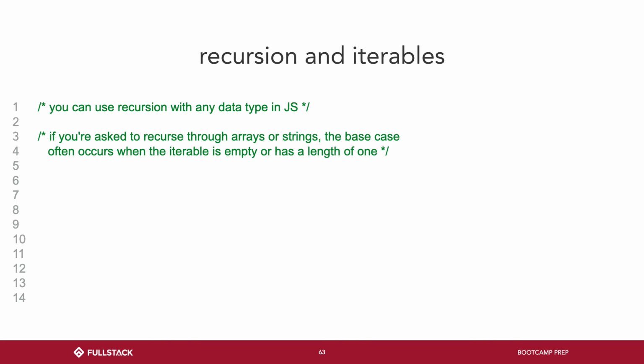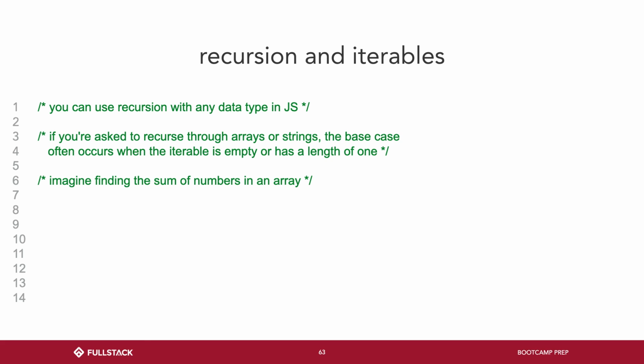Because when you call the recursive function, you have to change the input. What if it was the input with everything sliced off except the last thing? So the string gets shorter every single time until the string has no length, until the array has no length, right? When the array has no length, then we return our base case. So that's a usual pattern, okay?